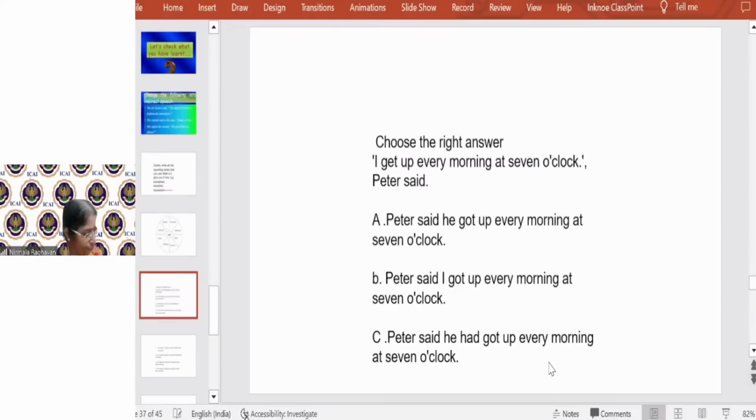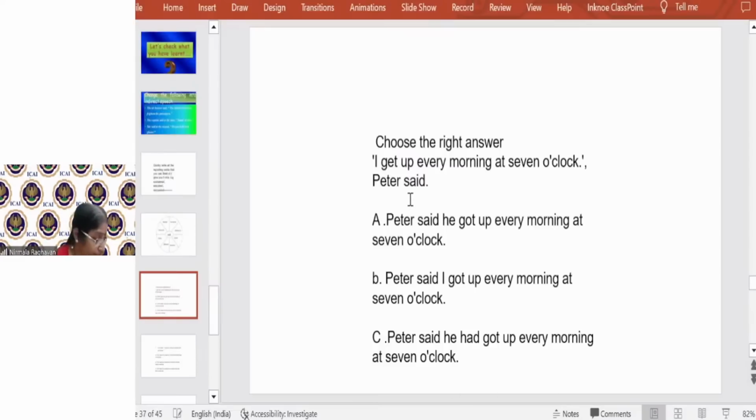Yeah, super. Many of you have done it right. Who says B? Krishna. Now, how would you decide whether Ritu? See, you're wrong. Krishna is wrong. Muthukumaran is wrong. Rupali is wrong. Now, let me tell you how you must do the elimination. "I get up every morning at 7 o'clock." Let me look at C. Peter said that he had got up.